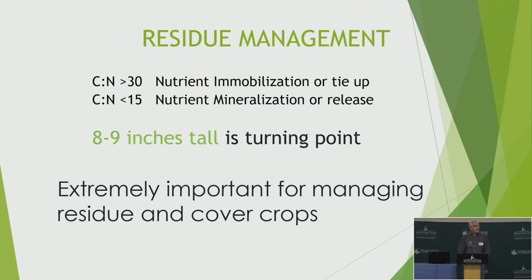And for most cover crops, 8 or 9 inches is kind of the turning point. Once they get bigger than that, we have a high carbon to nitrogen ratio, and it's going to tie up your nutrients. So we want to either give it time to break down or terminate those cover crops early, especially if you're growing corn.